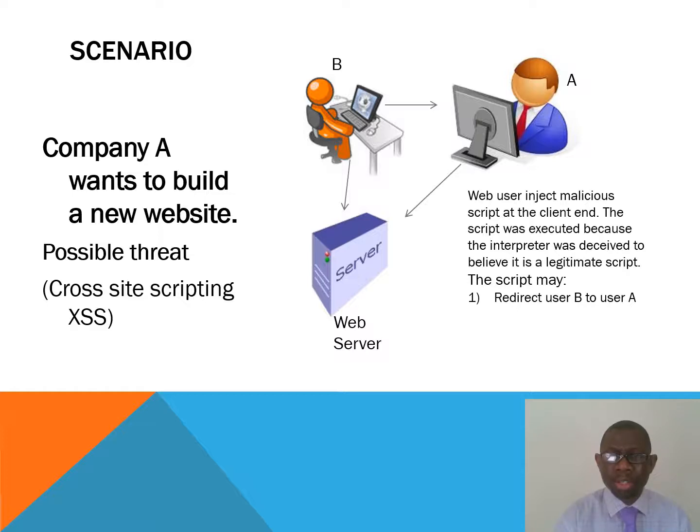So the script can do a lot of things. If you look at our diagram here, user A is at a station, wherever it's located, on the client side, but is able to modify the application page and send it to the server.